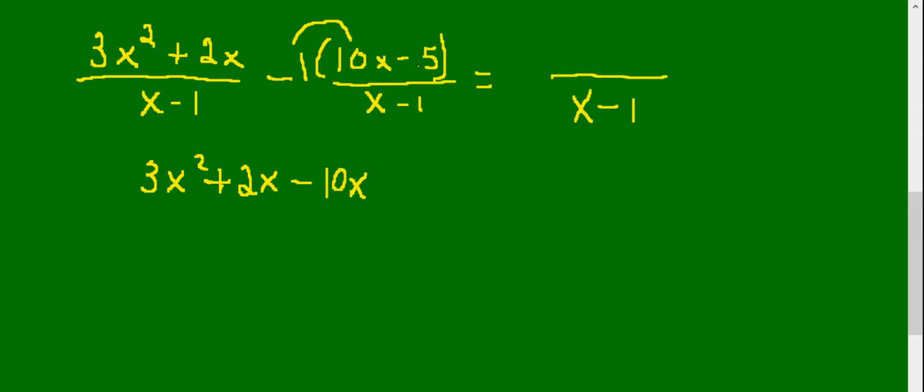And negative 1 times negative 5 is positive 5. So there, I distributed it, changed my signs, which invariably happens, and then I'm going to just combine my like terms. So I end up with 3x squared minus 8x plus 5.